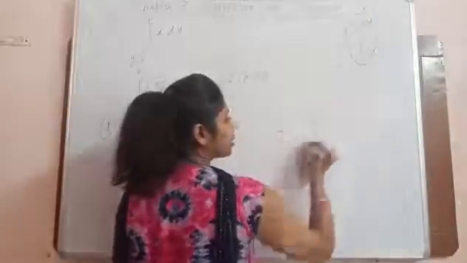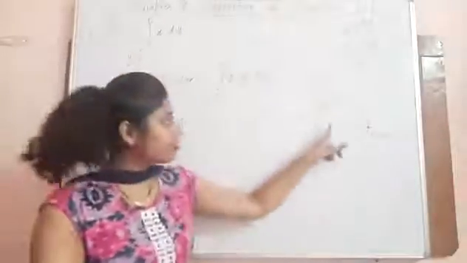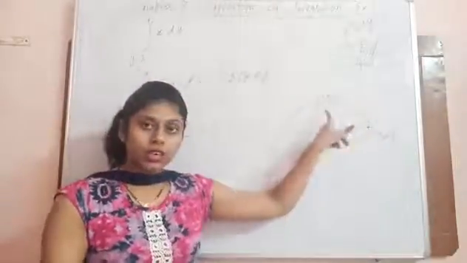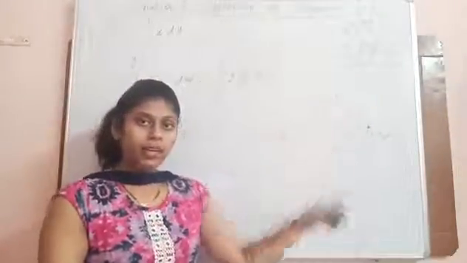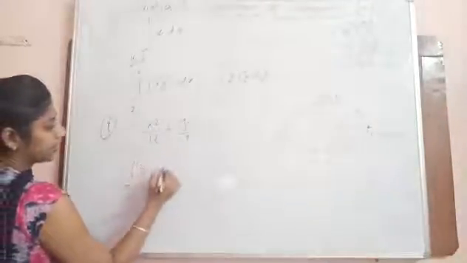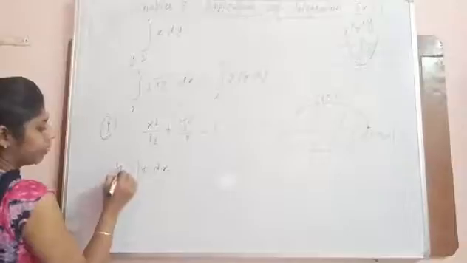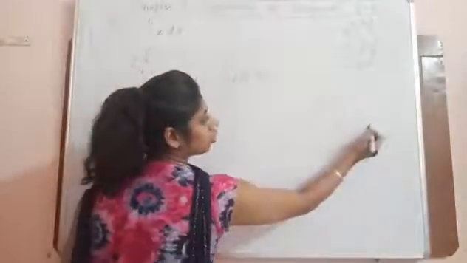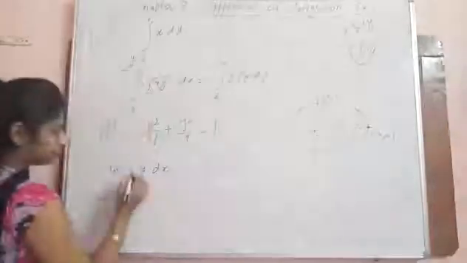We have to find the complete area. So we will find the area of first part, first quadrant, then multiply it by 4. So y dx, 4 into, what will be the limits? Limits of x are 0 to 4.